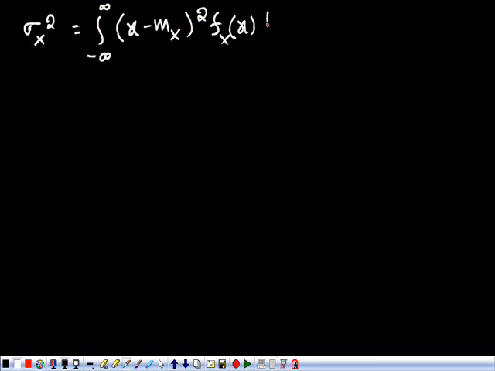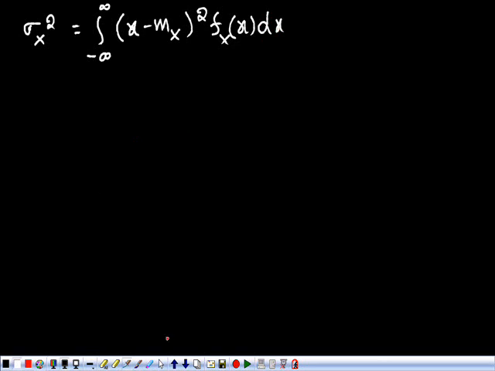Now we consider sigma x square, the variance of the random variable, which is given as integral from minus infinity to plus infinity of x minus mx whole square fx of x dx. So this is the variance of the random variable.